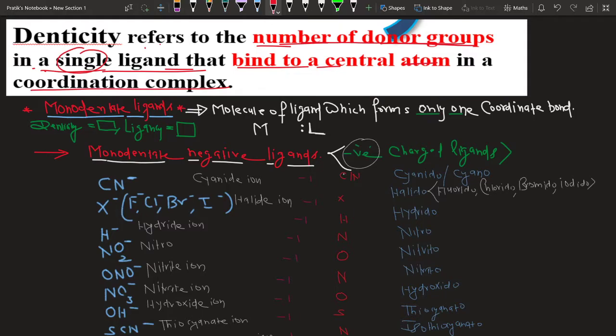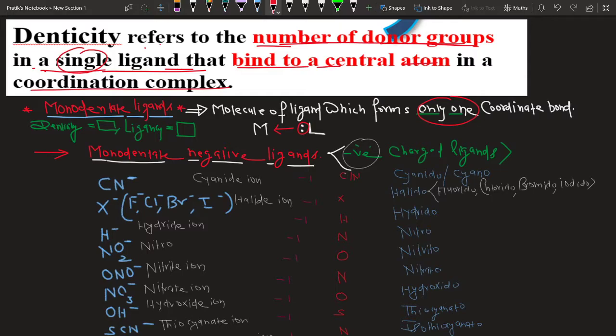When we talk about monodentate ligands, what are they? Monodentate ligands are ligand molecules which form only one coordinate bond. Suppose this is the metal and this is the ligand. We know that the ligand is an electron donor group, and if this ligand molecule donates only one pair of electrons to the metal, forming only one coordinate bond, then this ligand is referred to as a monodentate ligand.